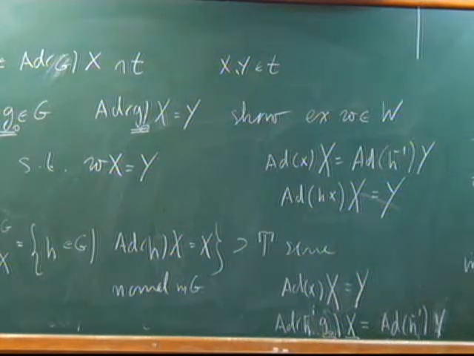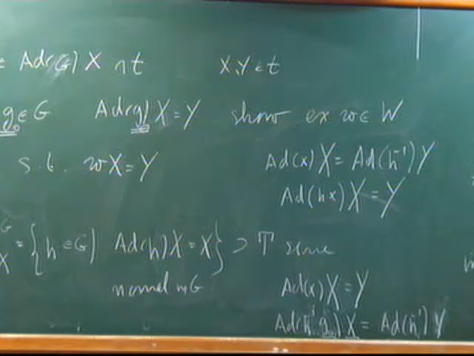X was in the normalizer of the torus, and h was in the centralizer of x. That means x trivially on x.